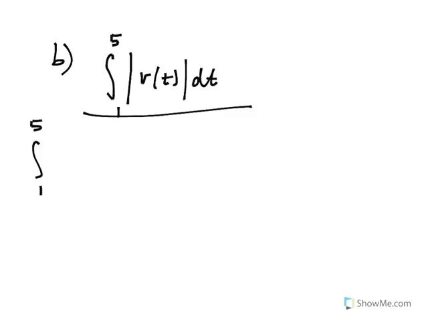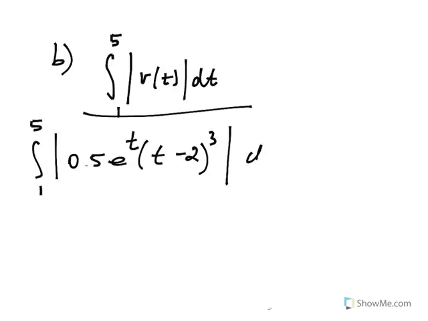So again, we're going to use our calculator. Let me just write down my function, t minus 2 to the power of 3, absolute value, and dt. I don't know if you remember, in order to enter the absolute value on your calculator, you need to go to math, to the right, numbers, and then number 1.